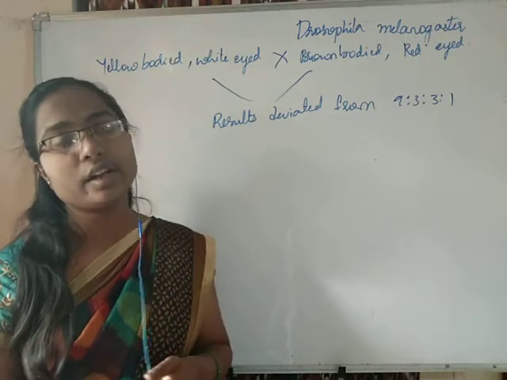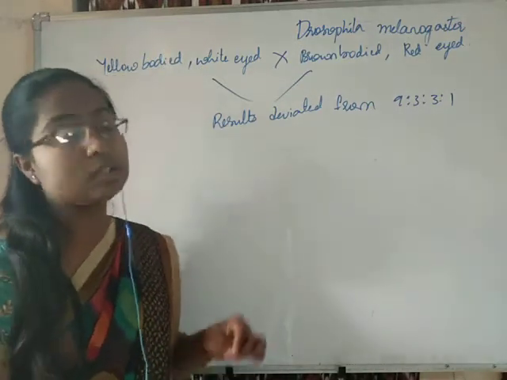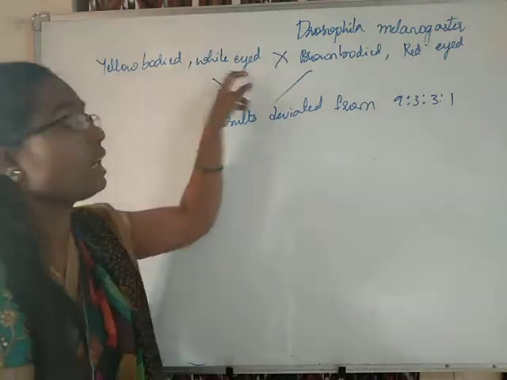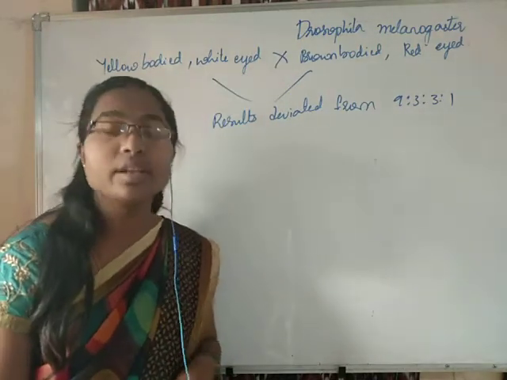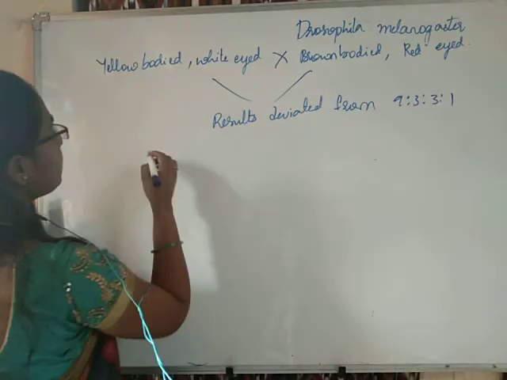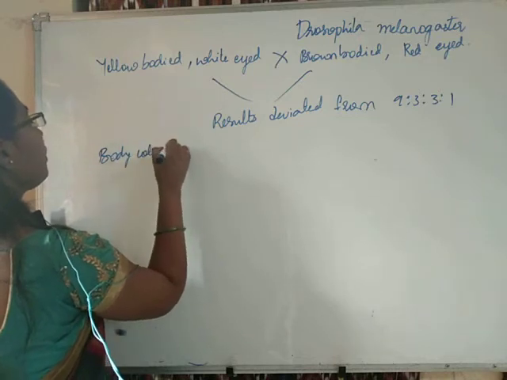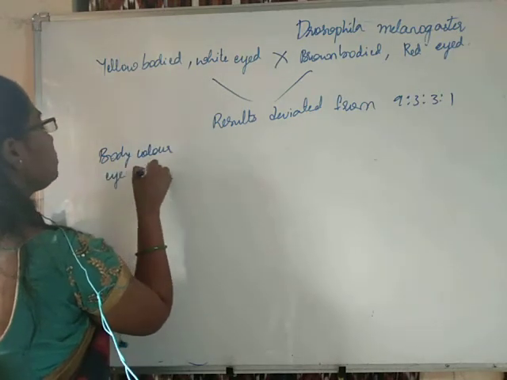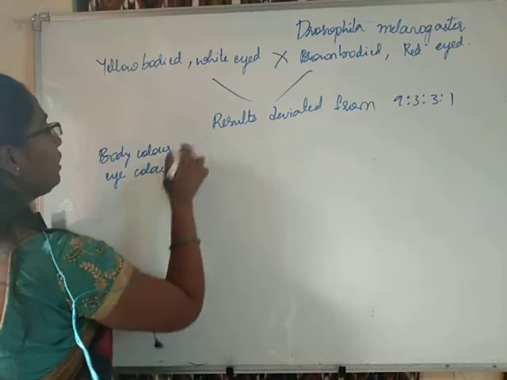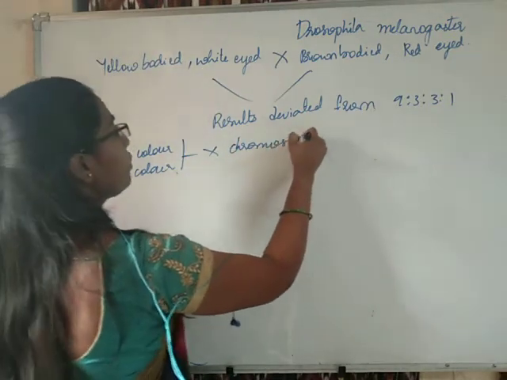Then he identified that the genes responsible for body color and eye color are present on the same chromosome, that is, the X chromosome of Drosophila.